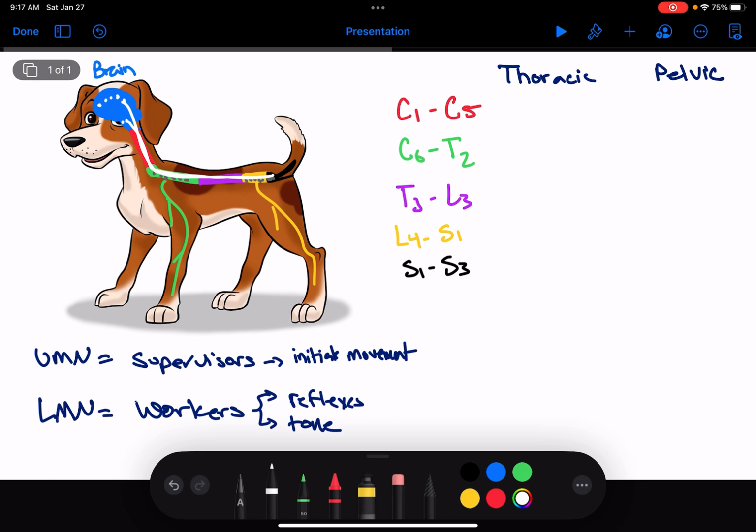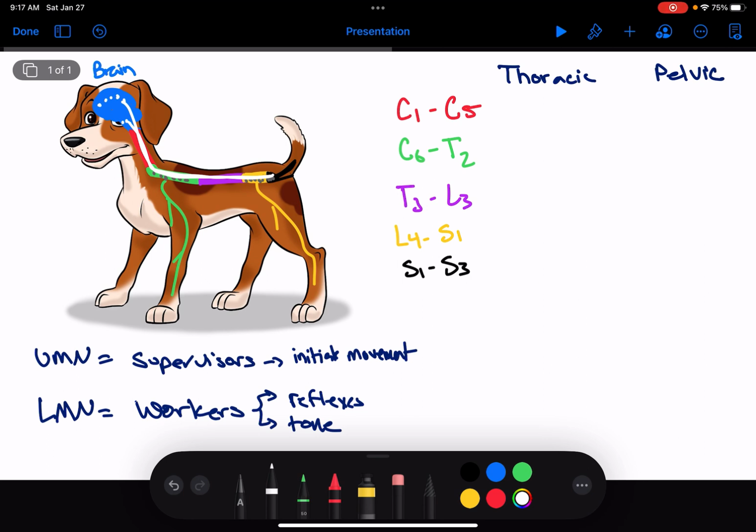Remember, the white matter is superficial when we are talking about the spinal cord. That is flipped when we're talking about the brain. And so what can happen is when we have a spinal lesion, such as at C1-C5, what we're actually disrupting is these axons that are traveling through the spinal cord.